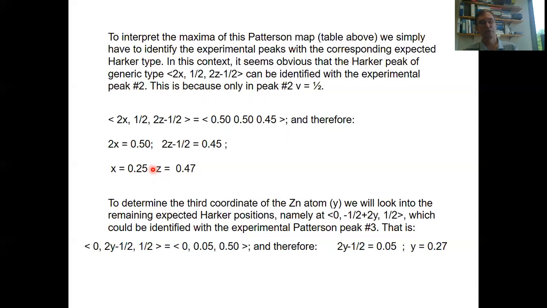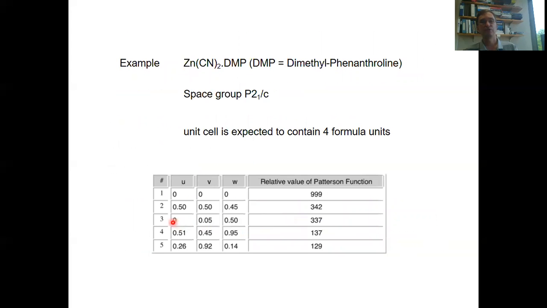So we do not know yet the y position, but for finding the y position, we can use the Harker line. So the Harker line has the form 0, minus a half plus 2y, a half. Now this Harker line can be associated with the peak number 3, because for the peak number 3, you see that u is equal to 0 and w is equal to 0.5.